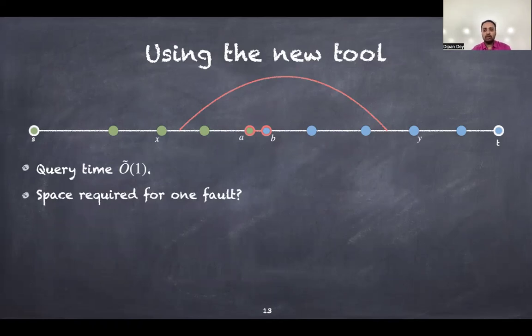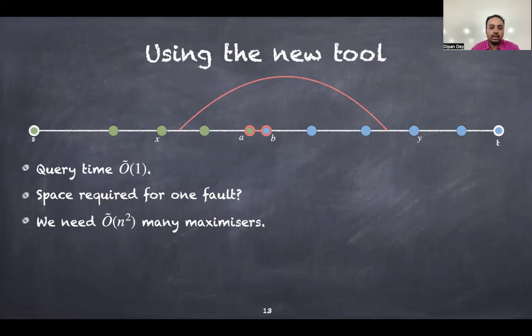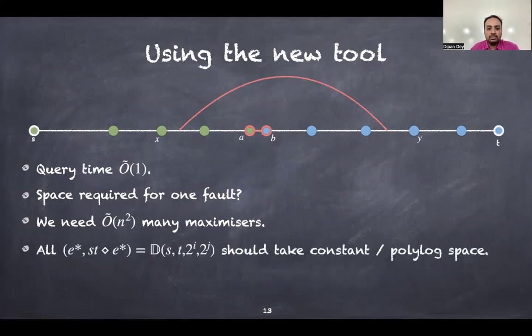And the space required for one fault, let us discuss that. We have used O tilde n square many maximizers, and we need to store them. For those maximizers, we have to store the path also, and the fault set which is maximizing the distance.